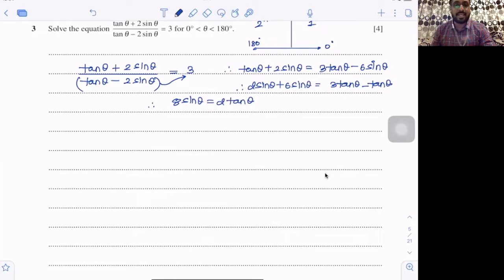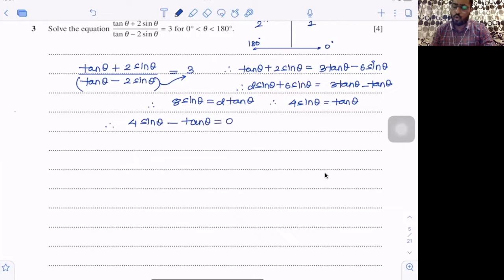So of course the 8 and the 2 can be cancelled. So I get 4 sin theta is equal to tan theta. Now what you should be doing is you should write the equation like this: 4 sin theta minus tan theta is equal to 0.